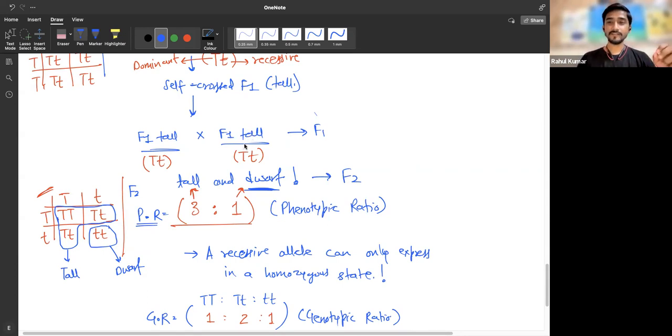They gave it the status of laws. So the laws that we study today were given by other scientists based on Mendel's work. They are called Mendel's laws of genetics because Mendel did all the hard work. All the sweat and blood was his contribution, so of course it has to be his laws.